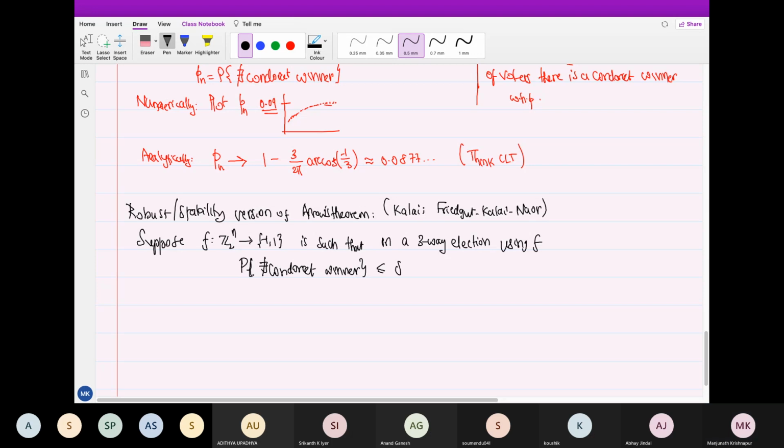Suppose F is such that this holds. Then the statement is there exists some k in 1 to n.